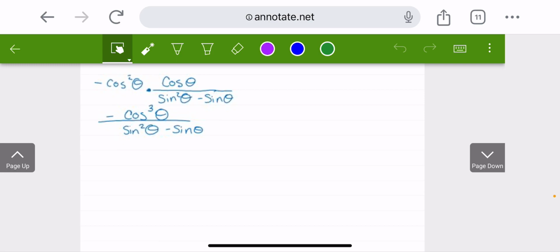So we're going to have our minus cosine cubed theta on the top over sine theta times sine theta minus 1.